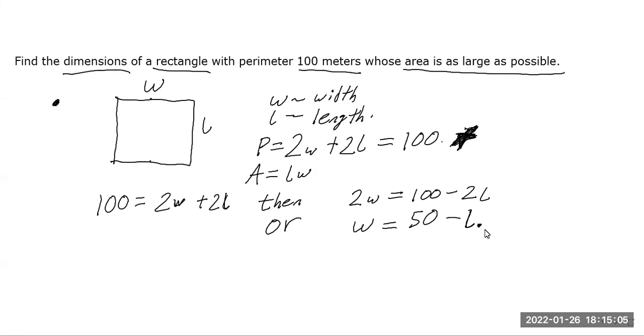So keeping that in mind, what that means is that now we can make it so that area only depends on one variable. Basically the way we do that is we replace W, since I solved for W in terms of L. So instead of making this a function dependent upon width, I'll actually be making this a function dependent upon length. My bad.